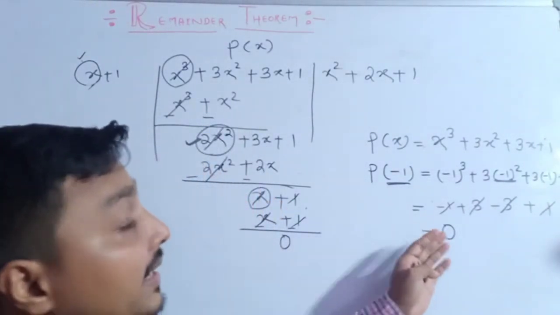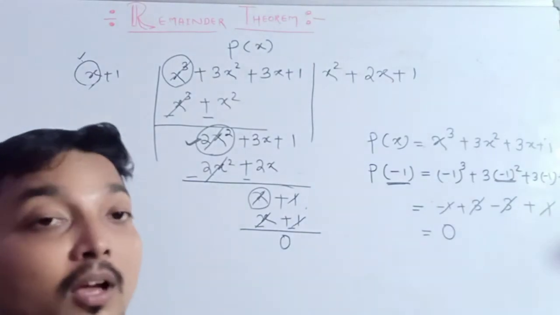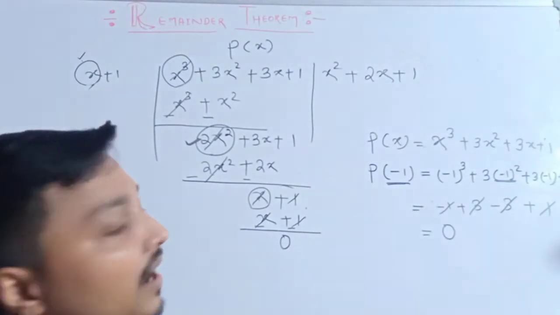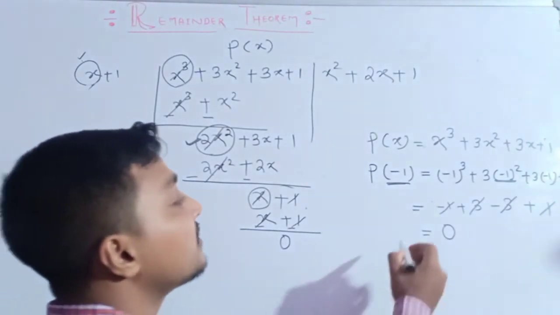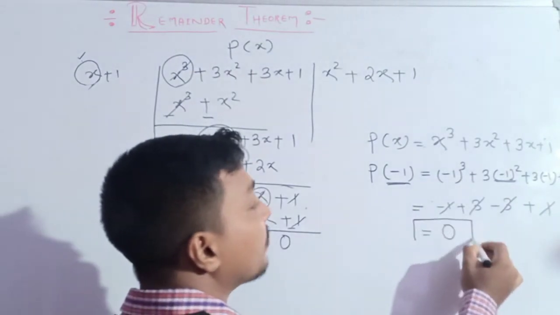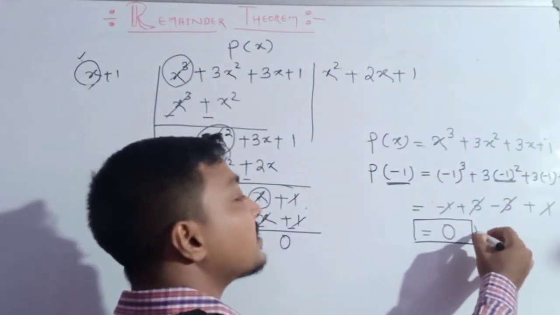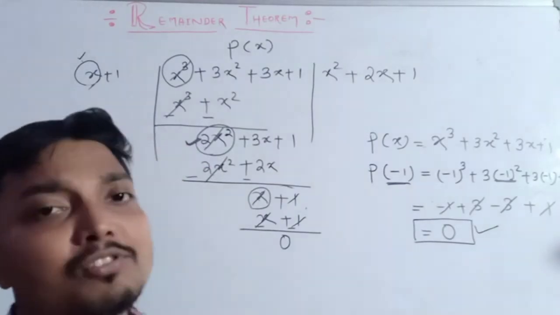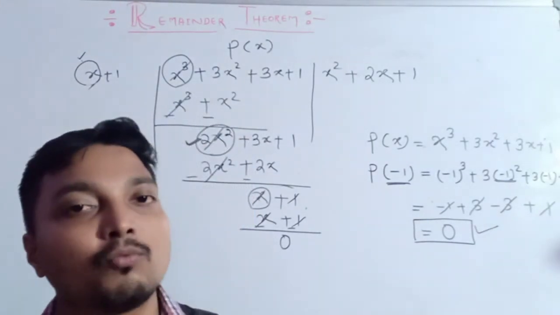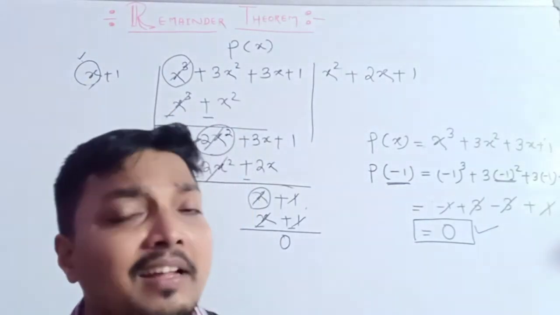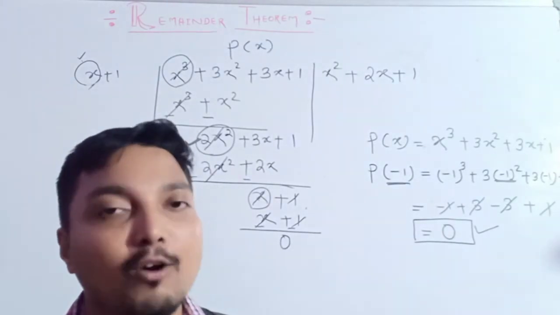Here also we are getting the value equal to 0. Remember, the remainder is also 0, and here the value is 0. So this is the shortcut method. By using the shortcut method, one can easily find what the remainder will be.